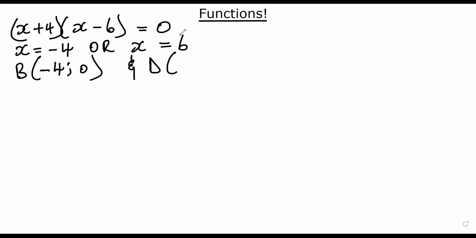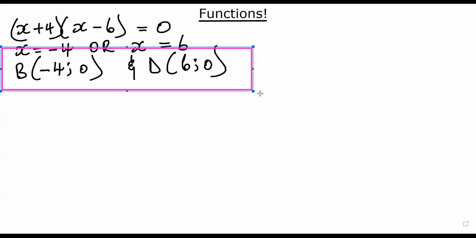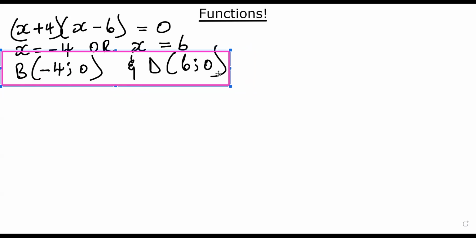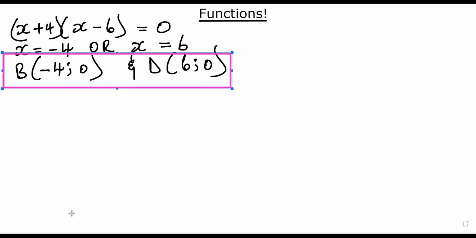And then D is on the positive x-axis, so it makes sense for us to say the coordinates of the points are exactly as you see them. So this is all the marker needed you to write. Don't show your workings. Write down.